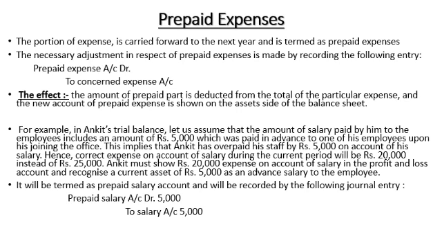What will be the effect? The concerned expenses will be deducted with the value of the adjustment and the prepaid expenses will go to the asset side. So the prepaid part of the expense will be deducted from the expense and shifted to the asset side in the balance sheet.